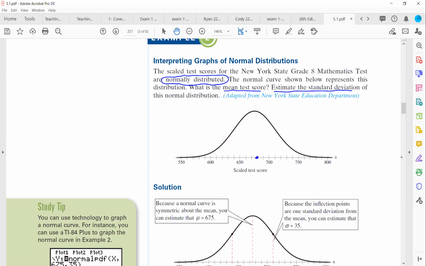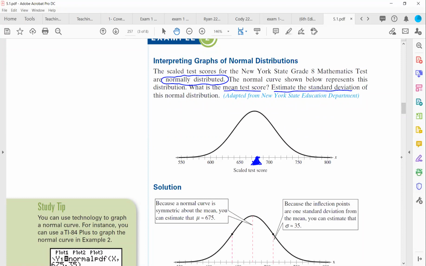We can say that it's roughly closer to 700. So it can be 680, 670, 675. Any estimation works for you. This is the center, the mean of the data.